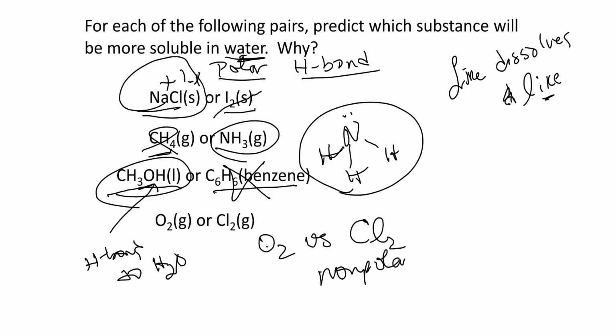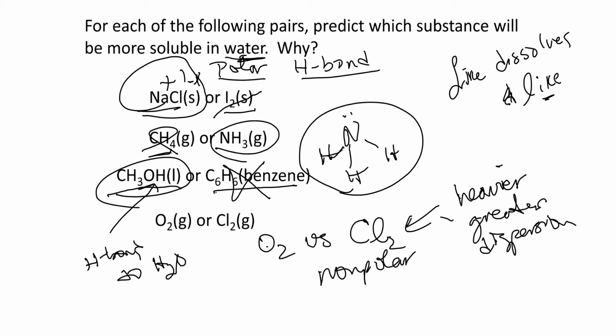Just because they're both nonpolar doesn't mean that they are equally soluble or insoluble. Chlorine is heavier, and because it's heavier, it's going to have greater dispersion forces. Because it has greater dispersion forces, chlorine is going to dissolve better in water.